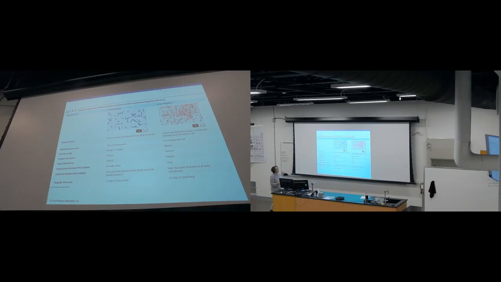So again, here is a picture, or a couple of pictures, showing you how gram-positives look under the microscope. They stain purple, while gram-negatives stain red.